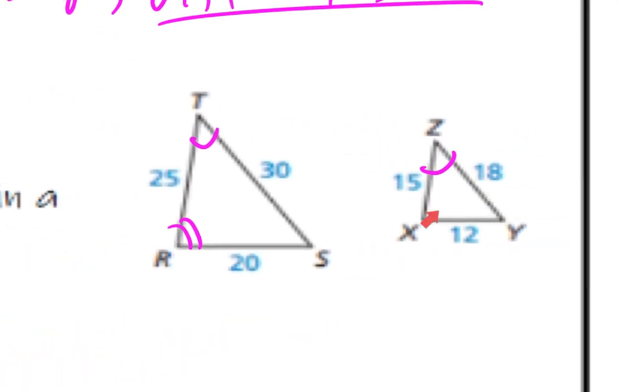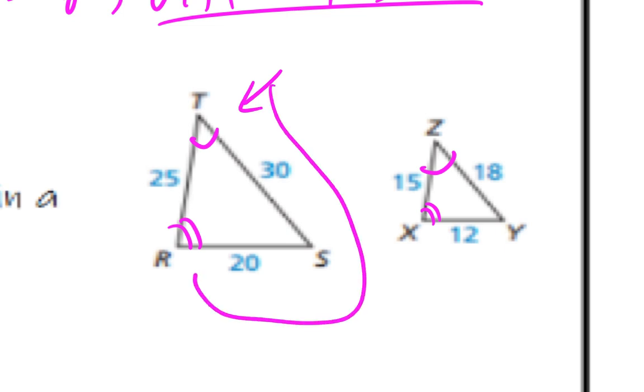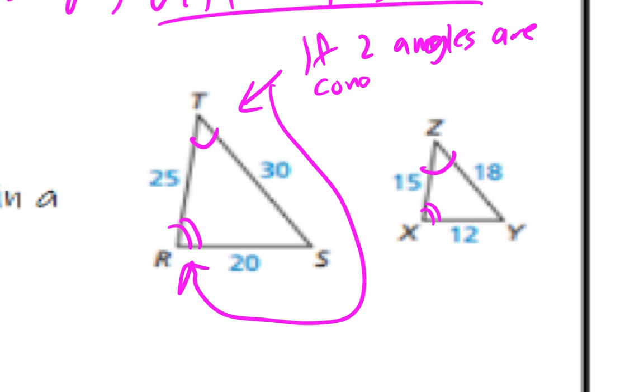Which one is congruent with that one? This one's between the smallest and medium, so this one has to be the one that's 2. And one of the rules that we learn today: if 2 angles are congruent, the third one is as well.